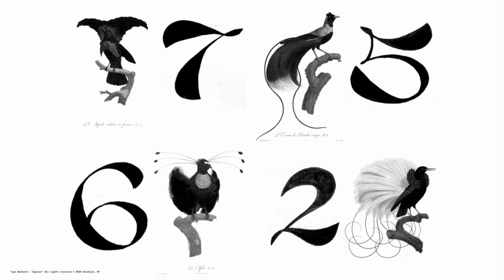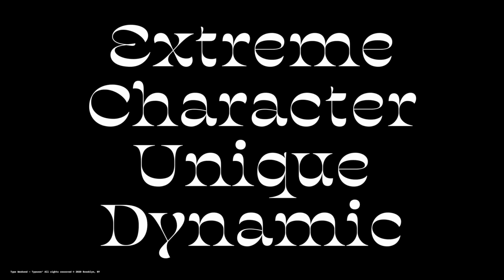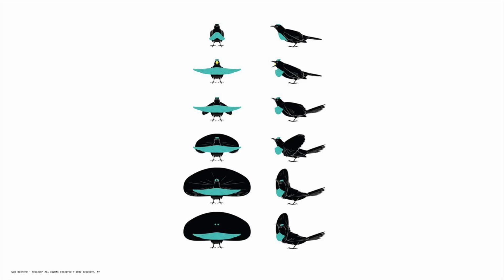I had the feeling that they were sharing something special, something unique, and that's how I defined the personality of the typeface. So this is something extreme, has tons of character, it's unique, and it's dynamic.